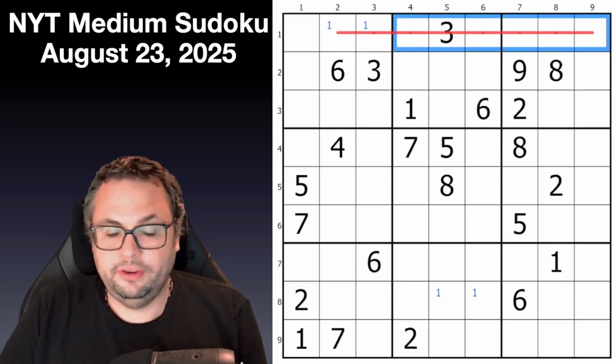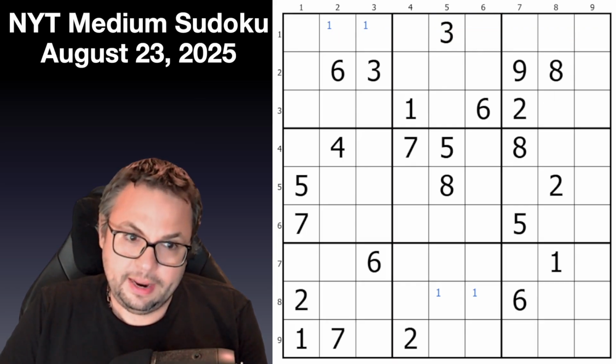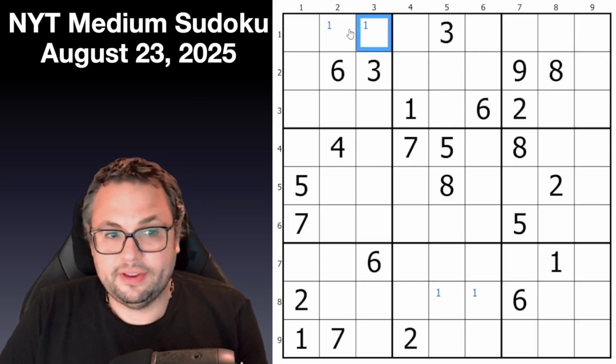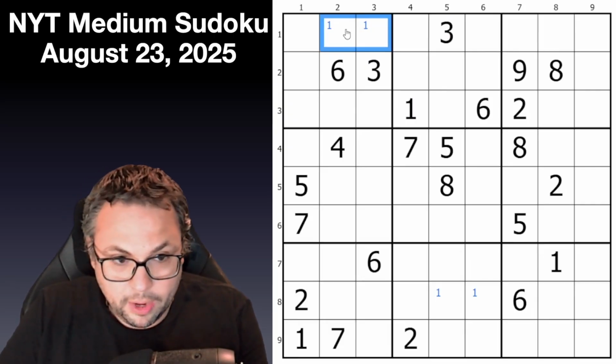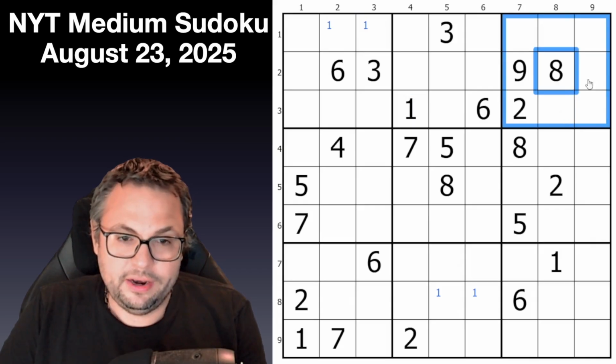None of these cells can be a 1. So when I'm scanning, and I'm looking for what I can say about ones, I should also look at these corner marked ones. And if I do that, I see that actually in this box, I know where the 1 is.